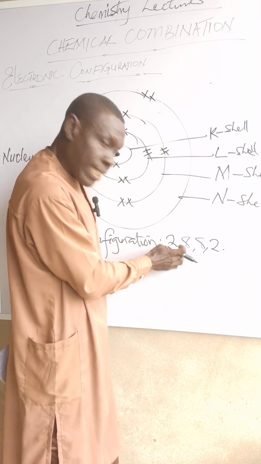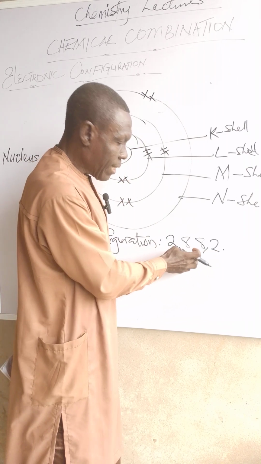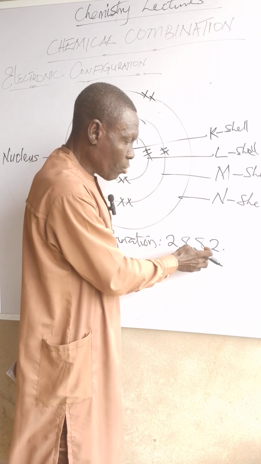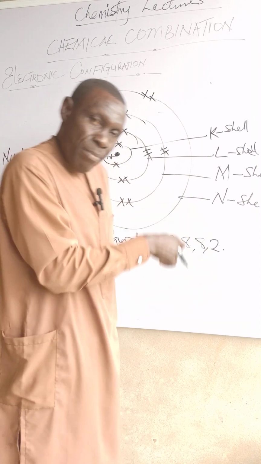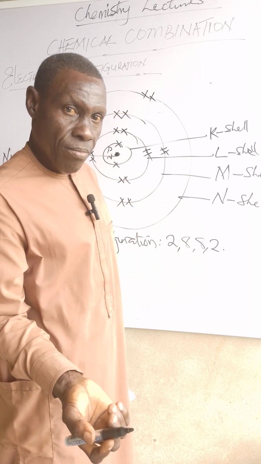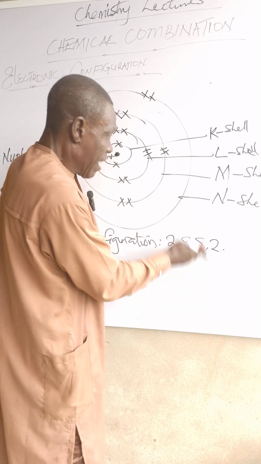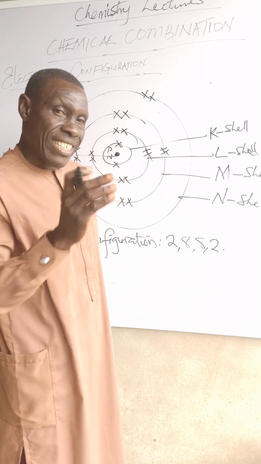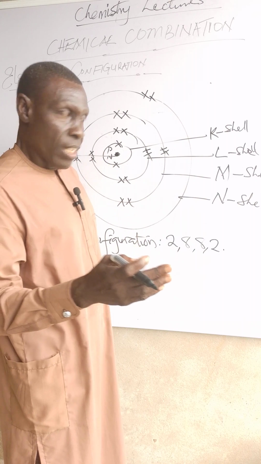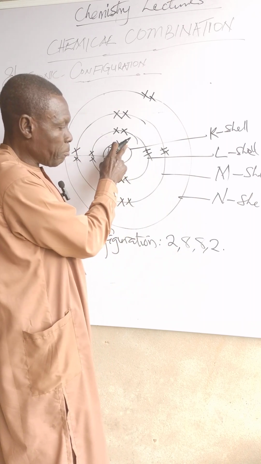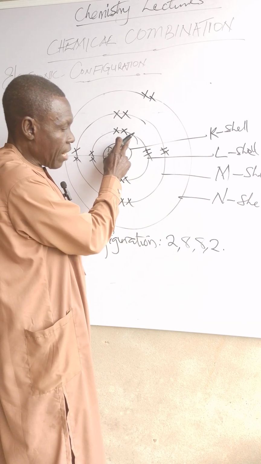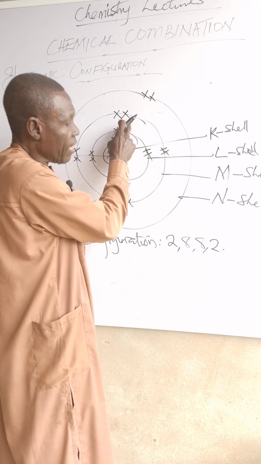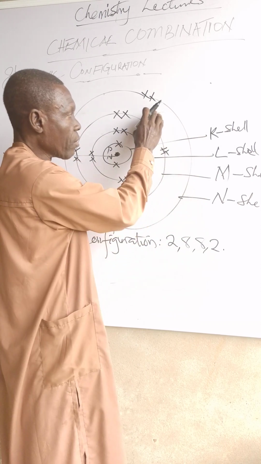Now you can determine the element by adding these together. 2 plus 8 is 10. 10 plus 8 is 18. 18 plus 2 is 20. So the 20th element is what? Calcium. So from here, you know that calcium has 20 electrons: 2 go to the first shell, 8 to the second shell, another 8 to the third shell, and 2 to the fourth shell.